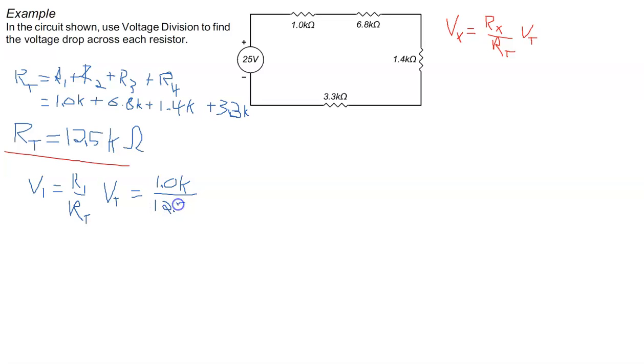The K is going to cancel with the K anyway. So when you're putting that in your calculator, you don't have to put in 1,000 and 12,500. Put in 1 divided by 12.5 and multiply that by 25 volts and come up with V1 is equal to 2 volts.